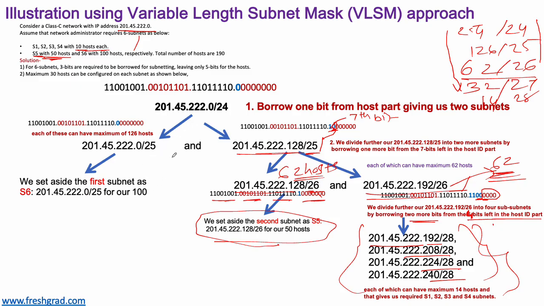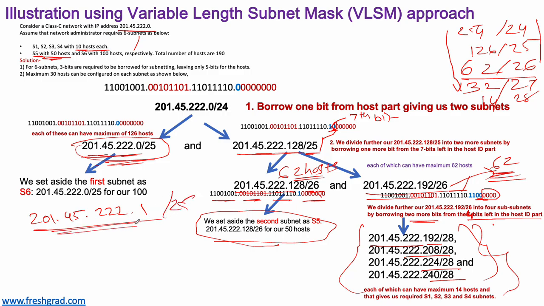And you see, right? This one has different IP addresses, and this one has a different one, and this all has a different one. But again, remember, here, what is our gateway IP address? If I talk about the gateway in this one, 201.45.222.1/25. This is our gateway IP.